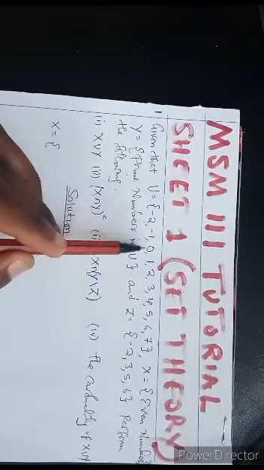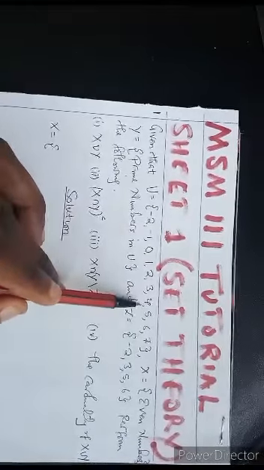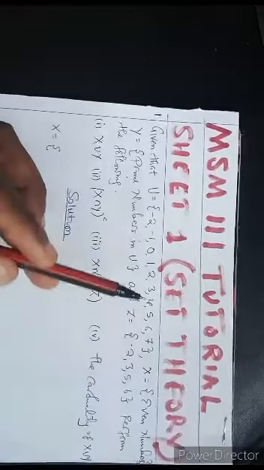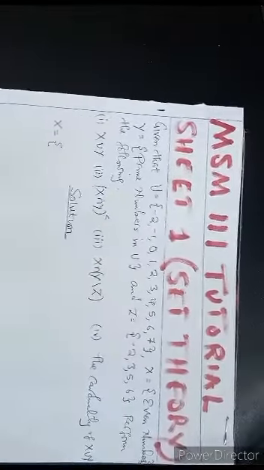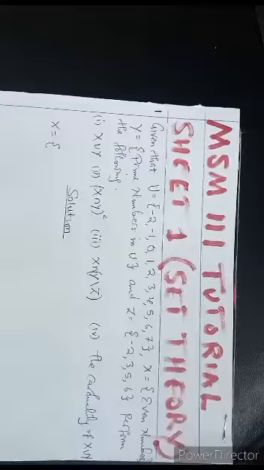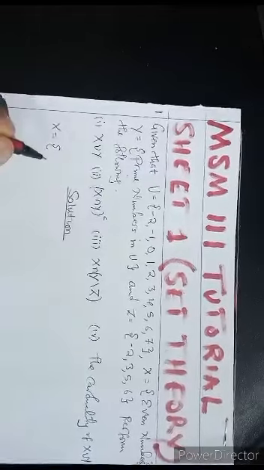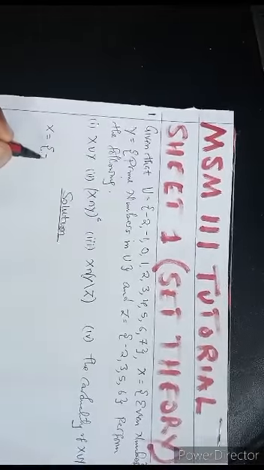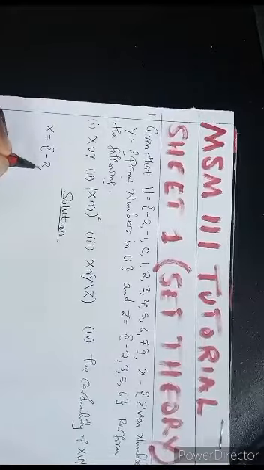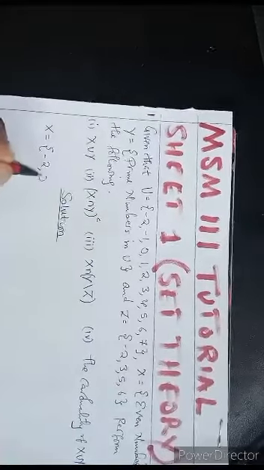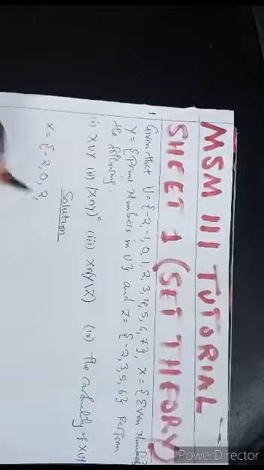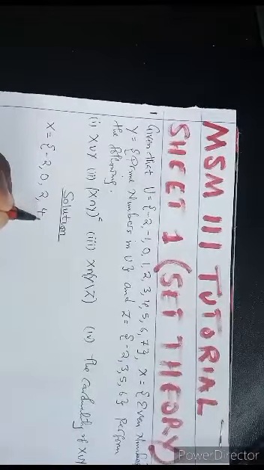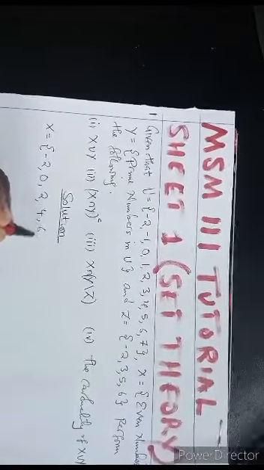So you have -2, 0, 2, 4, 6. Only these numbers can be divided by 2 without leaving a remainder. So let us list them. So you have -2, 0, 2, 4, 6.